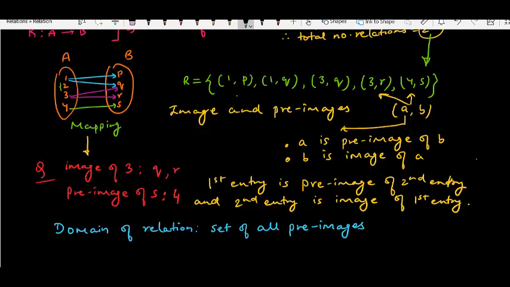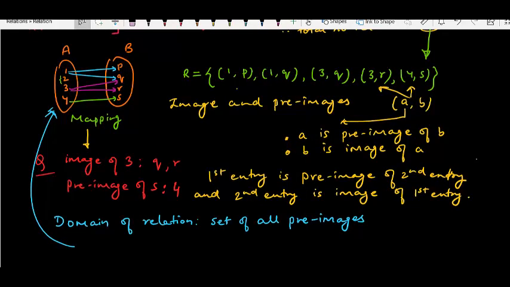In this particular diagram, you can see which elements are forming the set of pre-images. 1 is a pre-image of P and Q. 2 is not a pre-image of any element, so 2 will not be included. 3 is again a pre-image of Q and R, and 4 is also a pre-image. So this is called the set of domain for the above mapping in the figure.